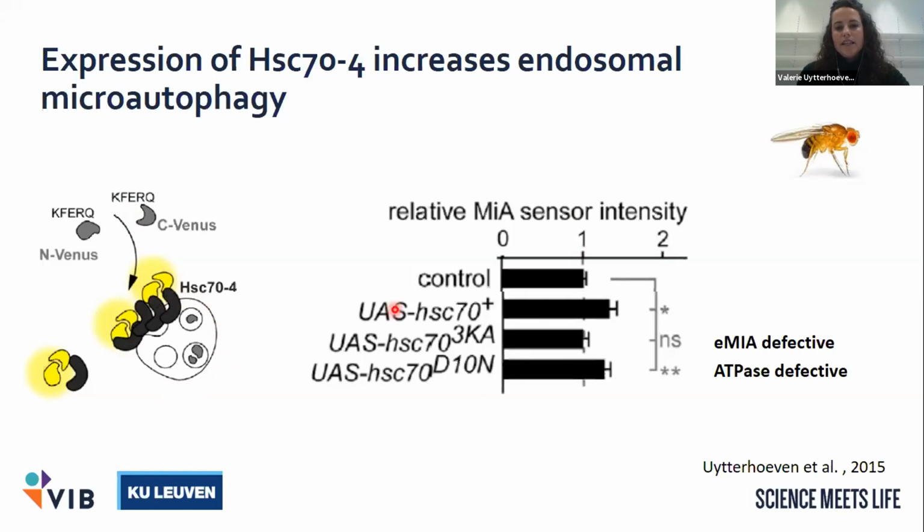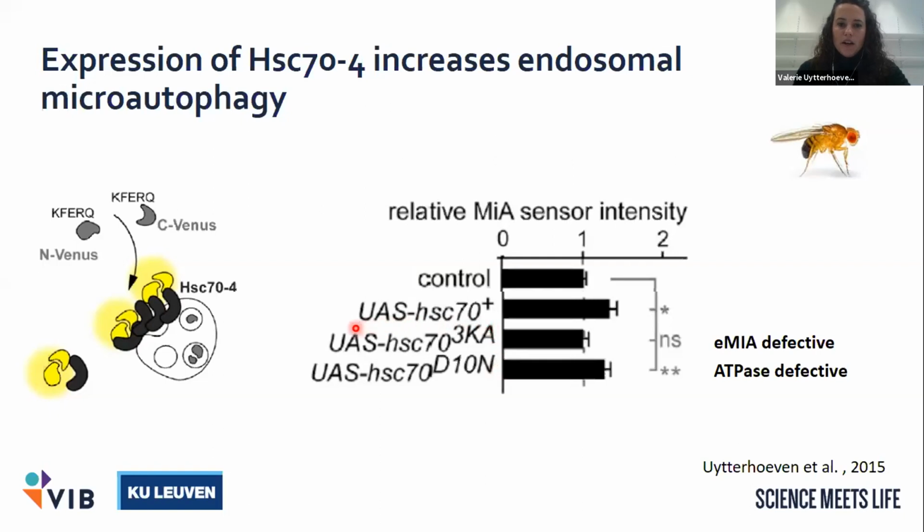So I see an increase of fluorescence of this microautophagy sensor when we overexpress HSC70, and also when we overexpress chaperone defective HSC70. So we know that the chaperone activity of HSC70 is not important in this process for endosomal microautophagy.